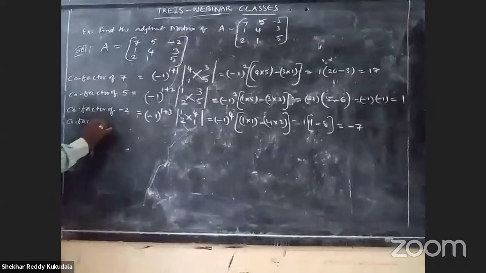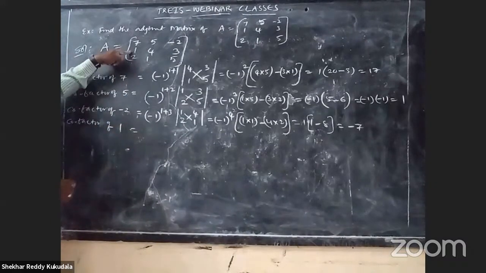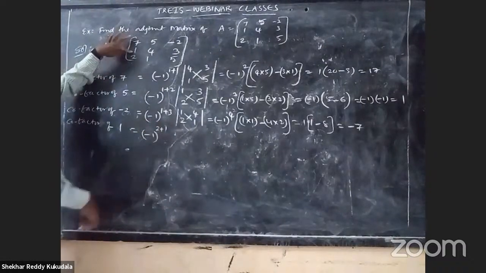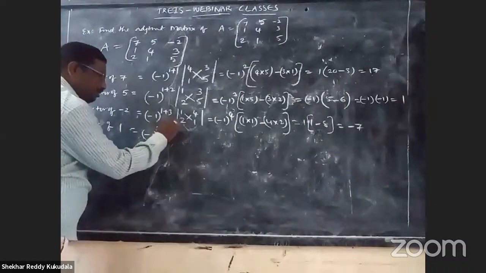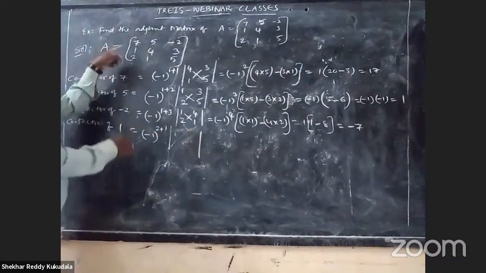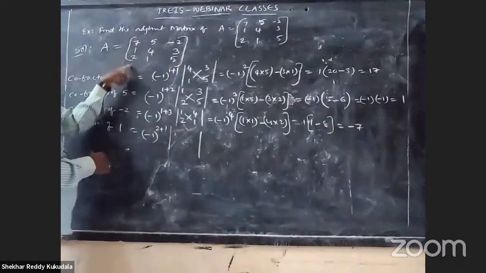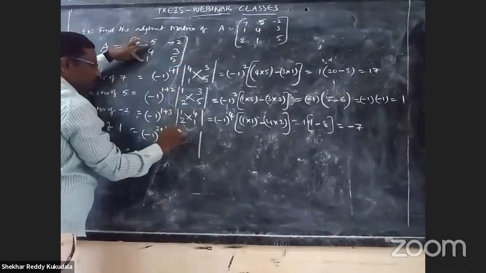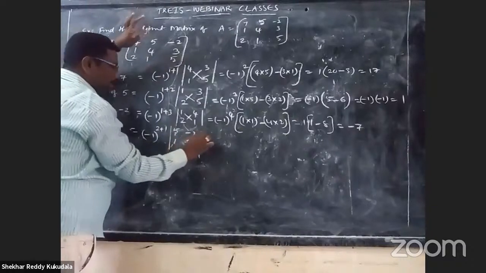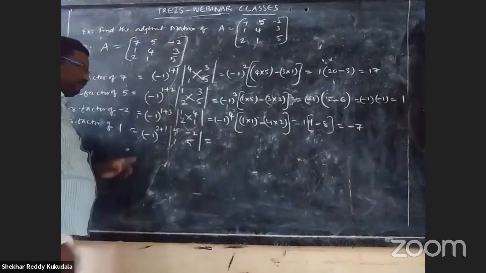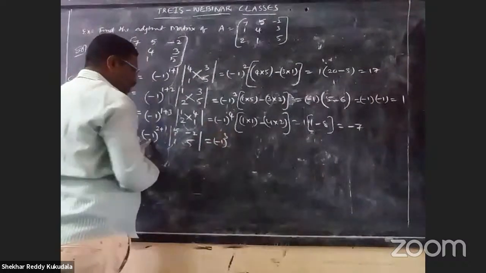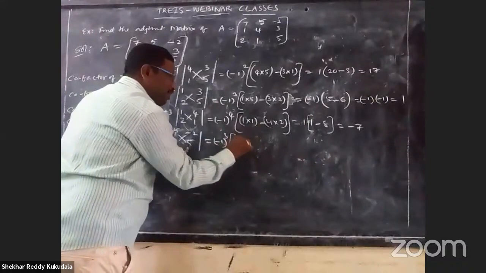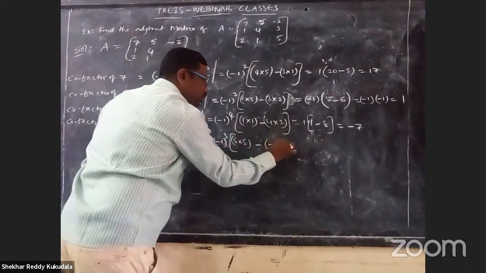Sorry, cofactor of 1 is equal to, this element 1 is in the second row, first column, so minus 1 power 2 plus 1, into the determinant when this row and this column are ignored. These are the 4 elements forming a 2 by 2 square matrix: 5 minus 2, 1, 5. This is equal to minus 1 power 3 into AD minus BC: 5 into 5 minus 2 into 1.